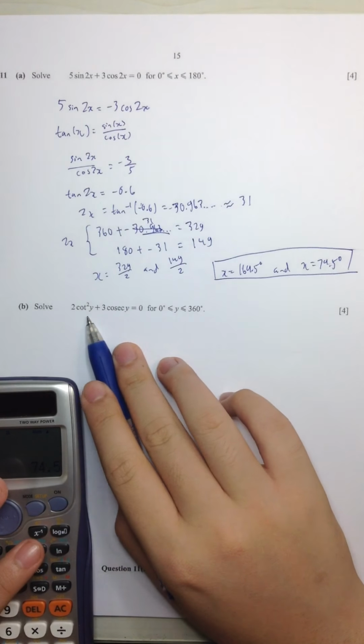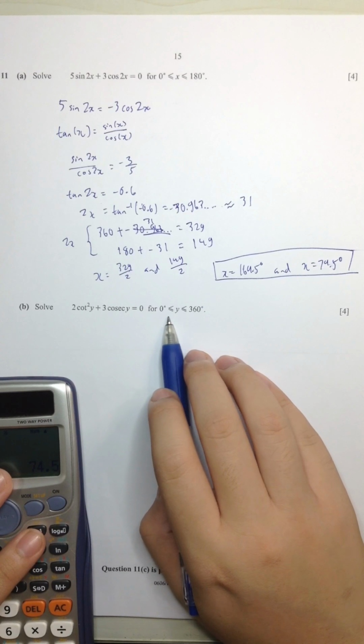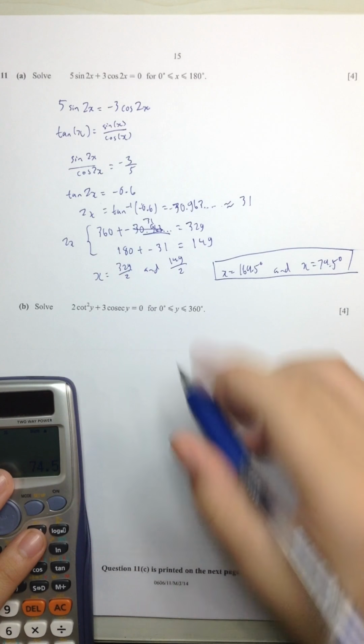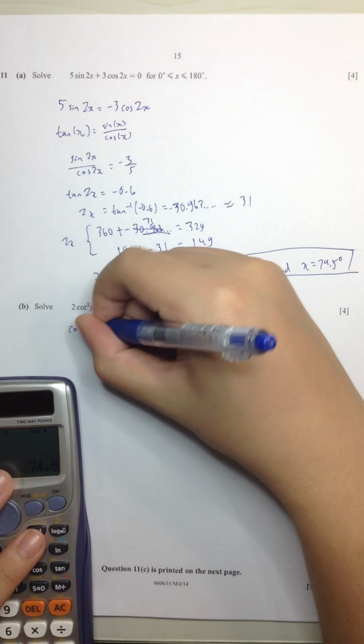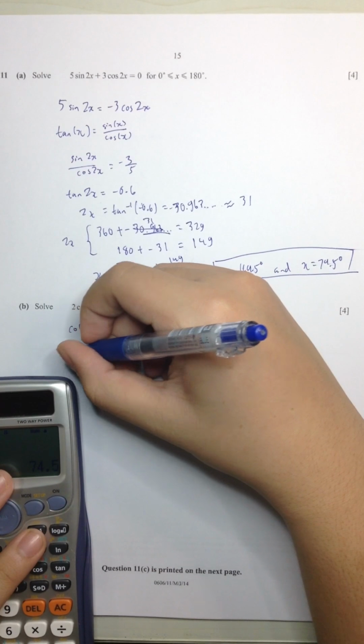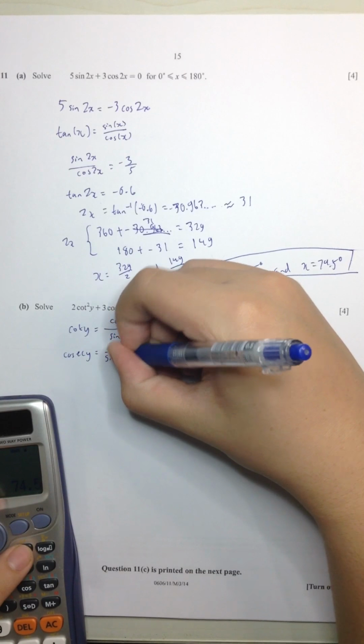Part B. Solve 2 cotangent square y plus 3 cosec y equals 0 for 0 degrees is less than y and less than 360 degrees. Cot y is equal to cosine y over sin y. Cosec y is equal to 1 over sin y.